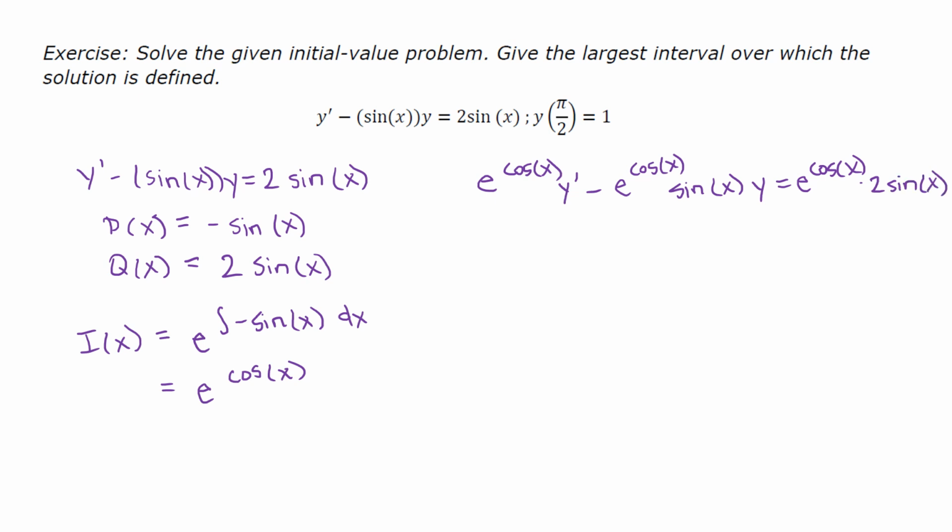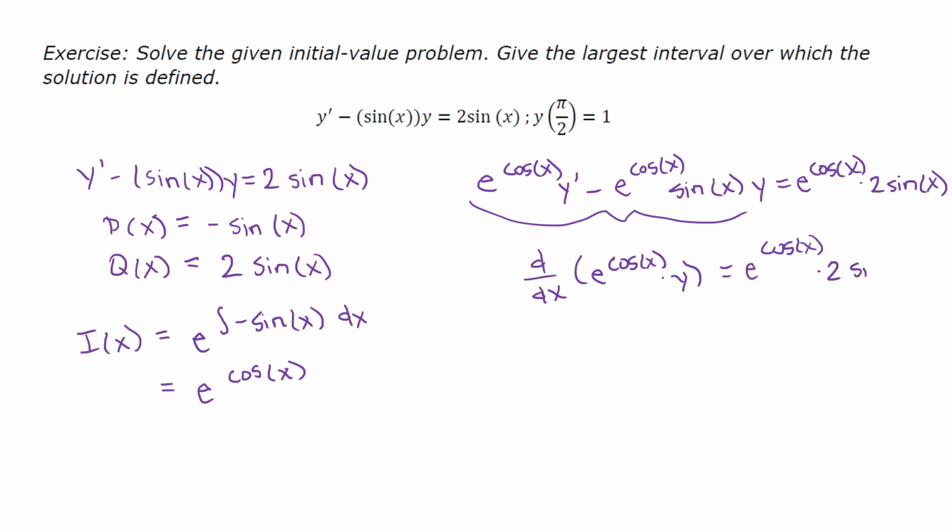Okay. The left side here is the result of the product rule of e to the cosine x times y. And that equals e to the cosine x times 2 sine x. Okay, so next we will integrate both sides.